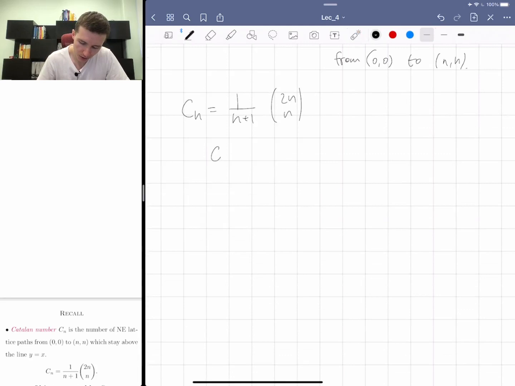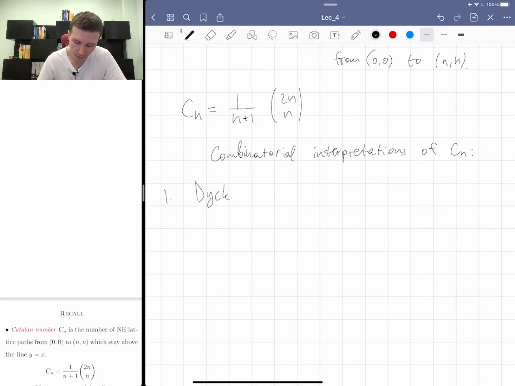Combinatorial interpretations of Cn. The first one, as I already mentioned, is Dyck paths. For each of them, I'm going to draw 5 objects.